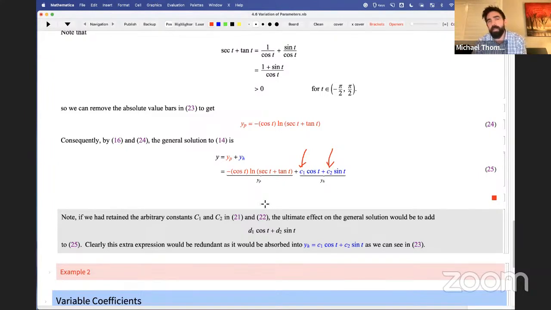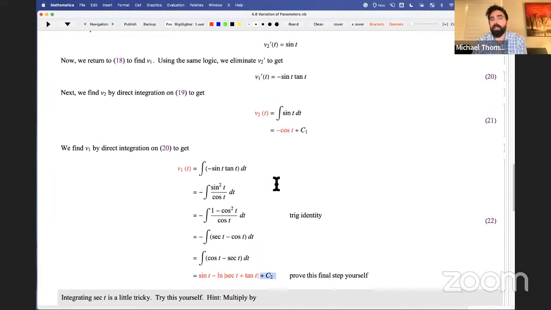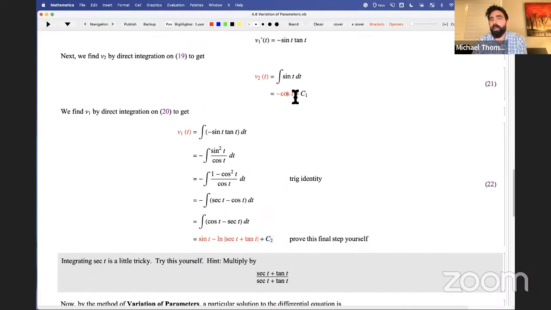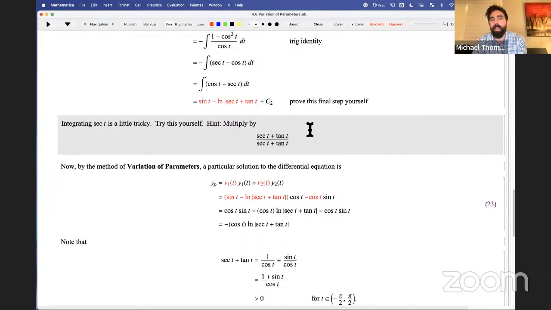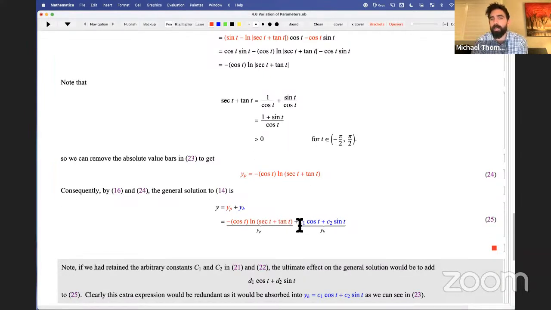Okay, and then I promised I would tell you why the constants get absorbed. Well, if you included the constants, remember up here, these guys, C2 and C1. If you include them, what ends up happening is they get pushed through to the Y1 and Y2, but those are already parts of the homogeneous solution over on the end here.